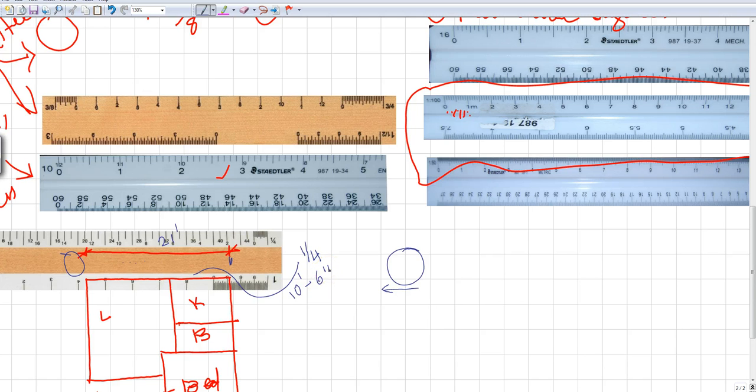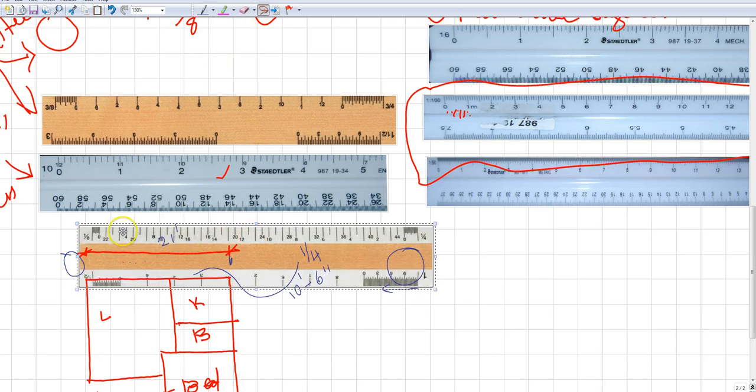Okay, so for the same exact drawing I could use two different scales, 1/4 reading from right to left, or 1/8 reading from left to right. And obviously 1/8 is half of 1/4. That's why if this is 10 feet 6, then this has to be double on that scale, right?